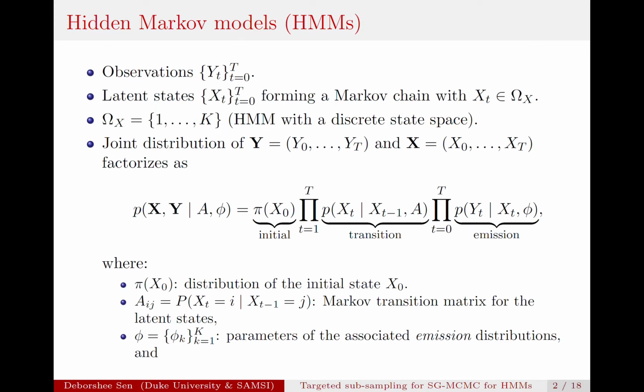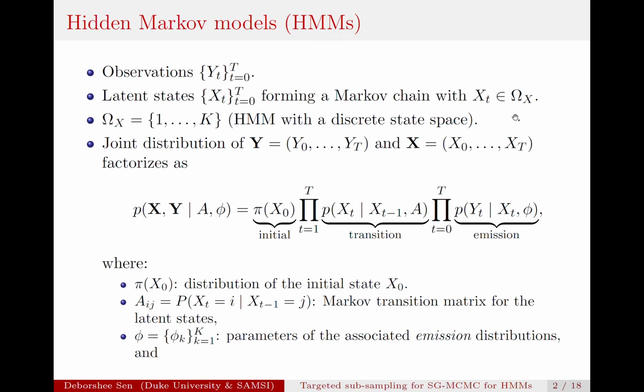So hidden Markov models consist of observations y_t indexed by time, generated as follows. We assume that there is a latent Markov chain x_t, which we don't know, with state space omega x. In this work, we assume that the state space is 1 to K, so it's a hidden Markov model with what's known as a discrete state space.